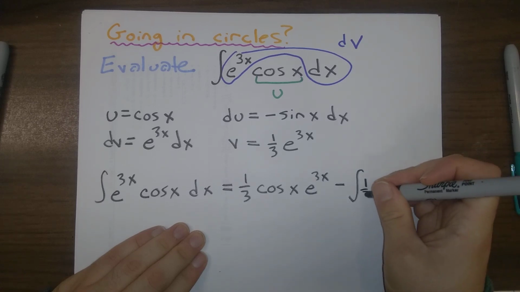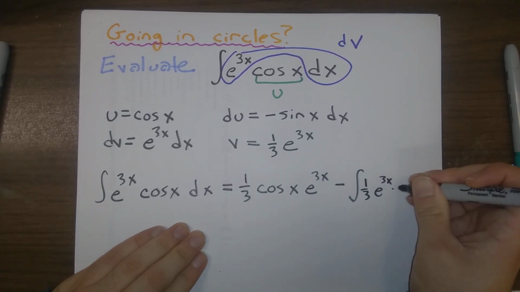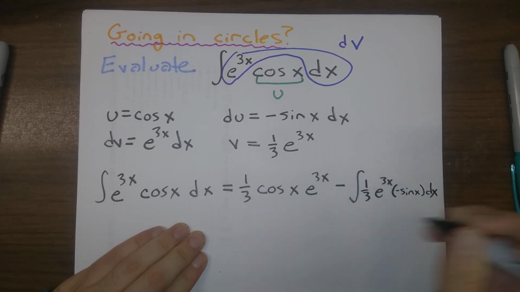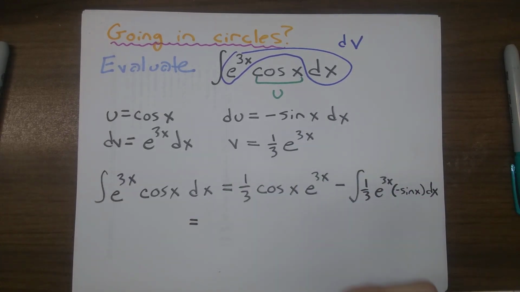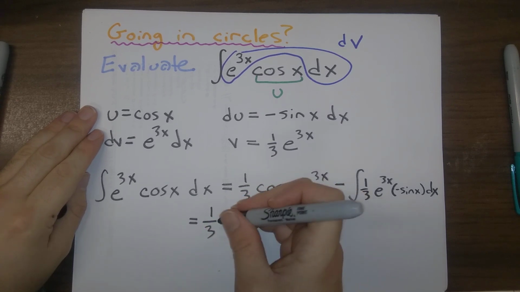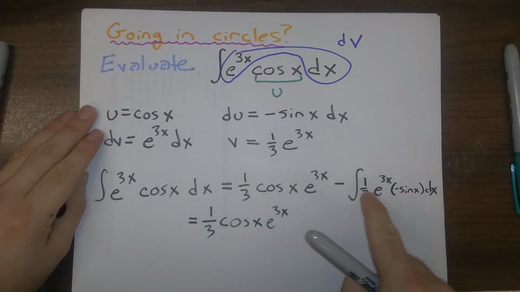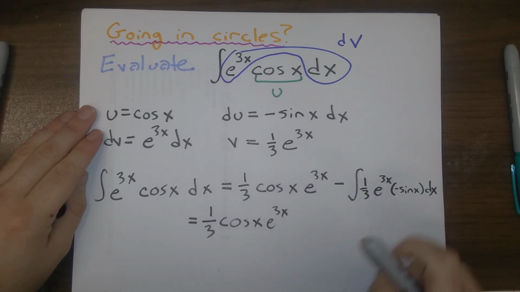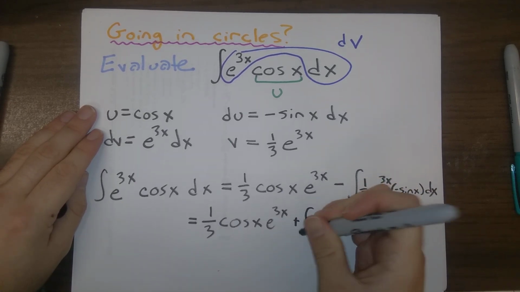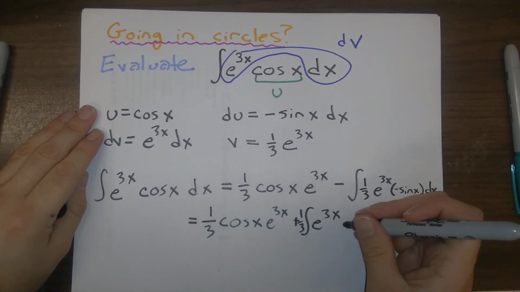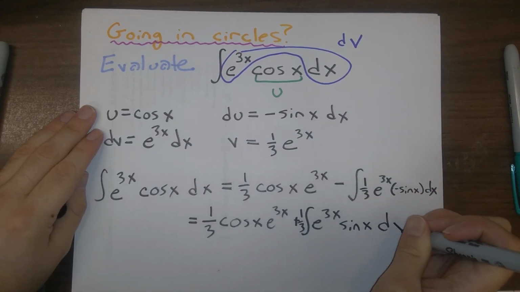So minus 1/3 e to the 3x times minus sine x dx. I'm just going to recopy this line and move that 1/3 and that minus sign out in front. And so now we have e to the 3x times sine x dx.